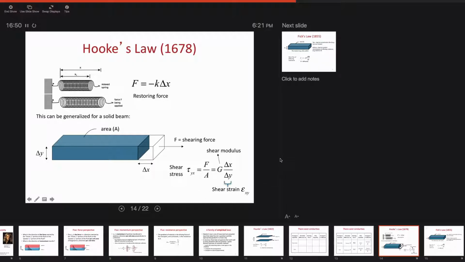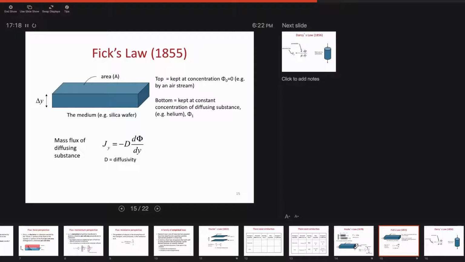Basically, the shear modulus is typically in gigapascals, right? So I'm deforming this table, it's just that it's not visible. So shear stress is again force divided by area, and it's the shear modulus times the so-called shear strain, epsilon xy. It's again a linear law, okay? And most of the time we're solving linear elasticity equations that are a generalization of Hooke's law.